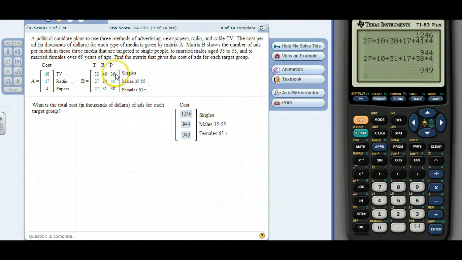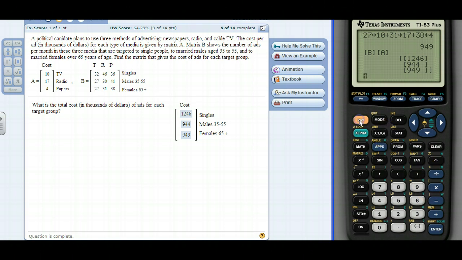I multiplied this row times this column. So I'm multiplying B times A. If I just take matrix B times matrix A, what do I get? Those same three things.